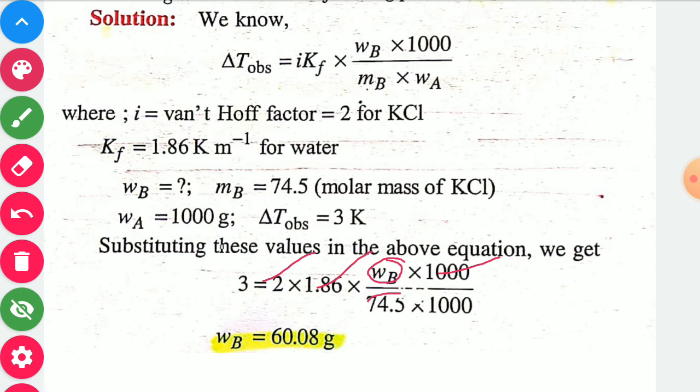Molar mass of potassium chloride will be 74.5, into WA, the mass of solvent given as 1 kilogram, so it will be 1000 gram. So on solving, the mass of solute, that is the mass of potassium chloride, will be equal to 60.08 gram.